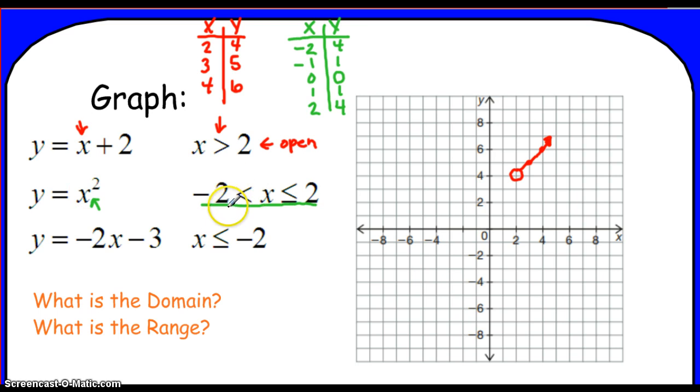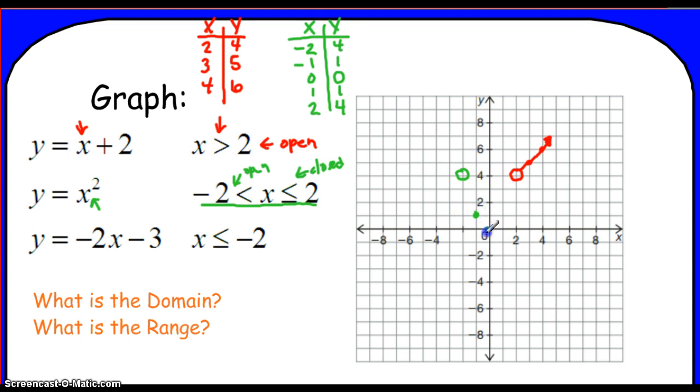This side at the -2 should be open. At this side, it should be closed. So if I go to -2, 4, this should be, as it says, an open circle. Then I have a point at -1, 1.